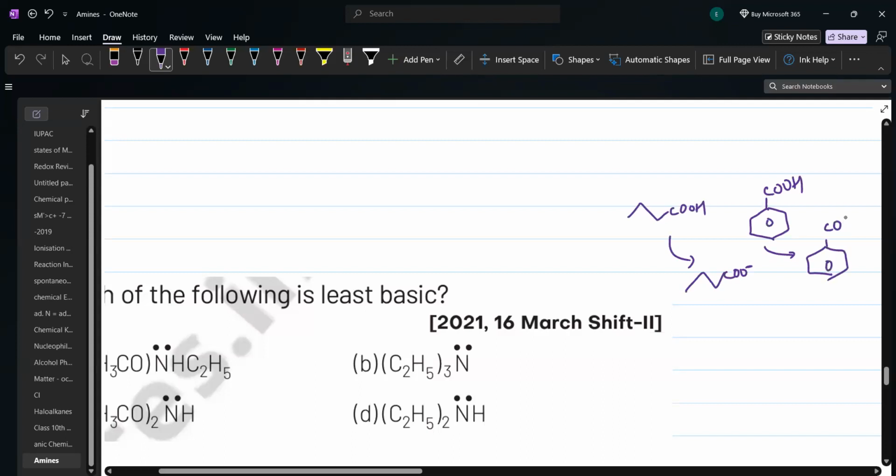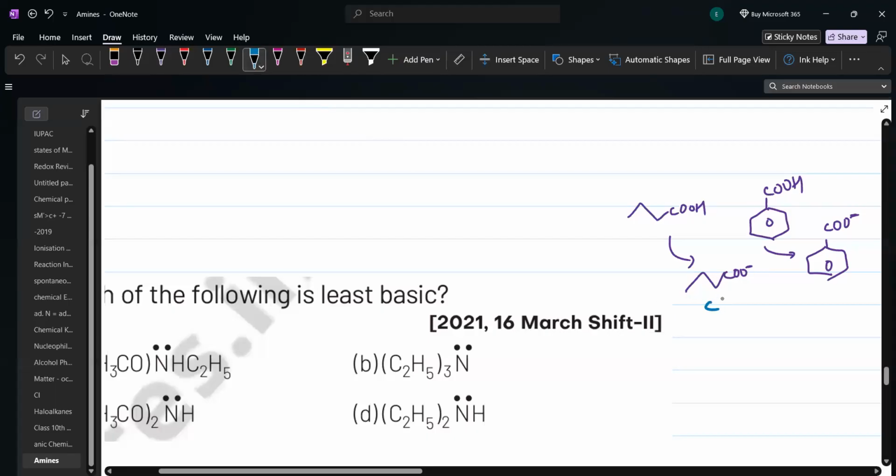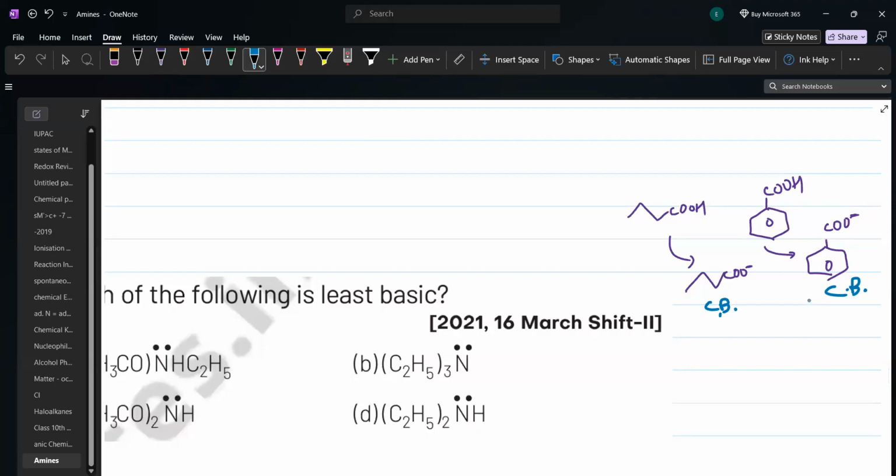Yes, sir. So this is the acid and this is its conjugate base. So the more the conjugate base stability, the more will be the acidic nature of the molecule.